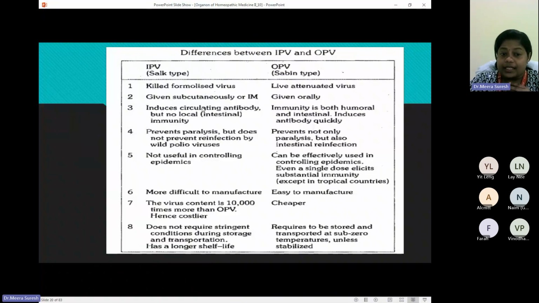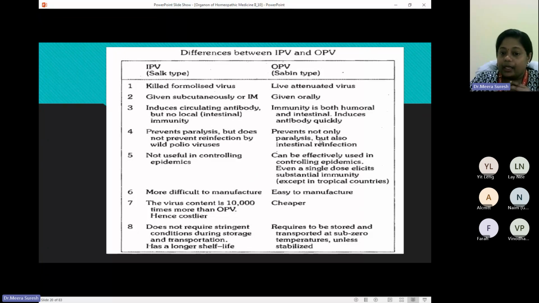In this IPV, because it is producing circulating antibody, it can prevent paralysis, because when the virus enters into the serum, obviously there are antibodies against that virus. So this paralysis will be prevented. But still, because there is no local immunity, if again the patient is getting exposed to the polio virus, they will be having reinfection, because the intestinal immunity is not provided.